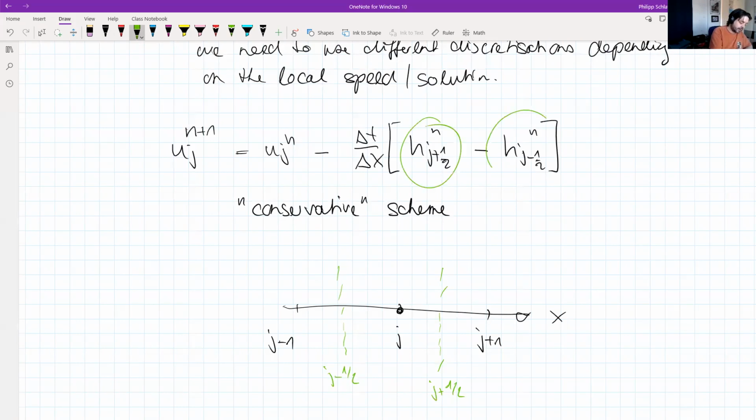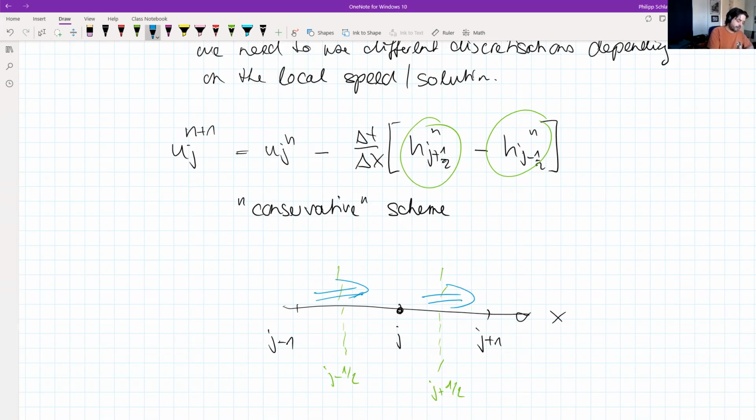Now these, h at j plus 1/2 and h at j minus 1/2, can be considered as being the fluxes over these two boundaries, the two green boundaries.